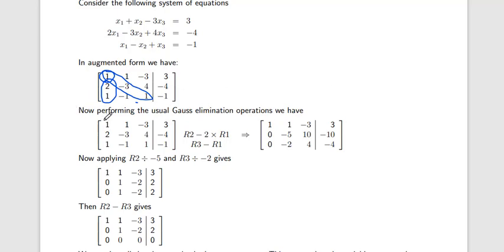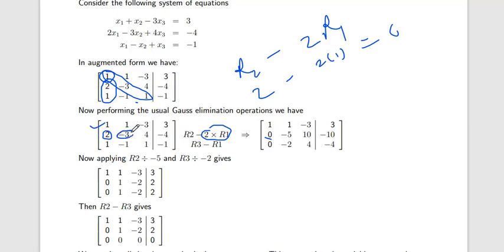How do we get this value as 0? We multiply the first row by 2 and subtract it from row 2: R2 minus 2 R1. What is R2? 2. What is the value of R1? 1, so we will get 0.